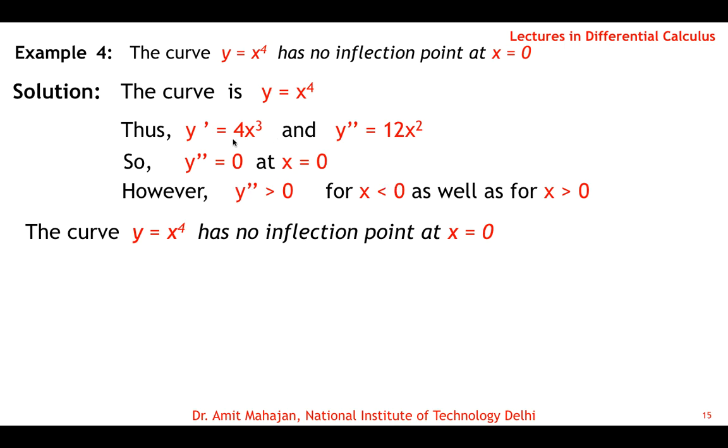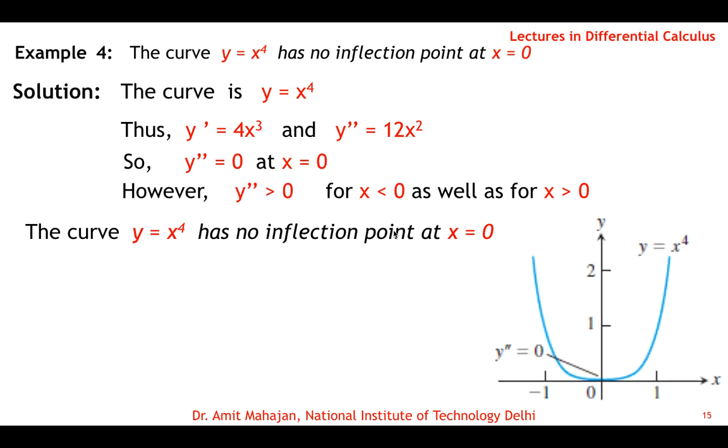Even though the first derivative at the origin is 0, that means there is a horizontal tangent there, this point is not a point of inflection because the concavity does not change. So this is the graph. It is concave up on the left and it is also concave up on the right. So this point is not a point of inflection.